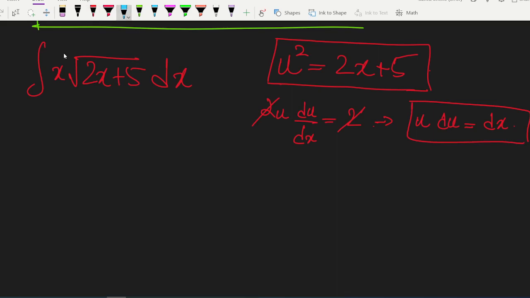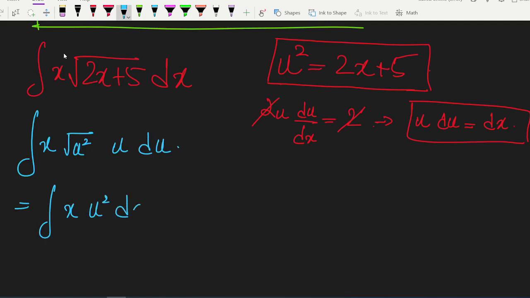Okay, let's move on and start substituting in the values. We don't know what to do with x right now. Under root of 2x plus 5 would be under root of u square, and dx is u du, right? So if we simplify this, it will become x u square du. Now we also know that if I make x the subject, it becomes u square minus 5 over 2.